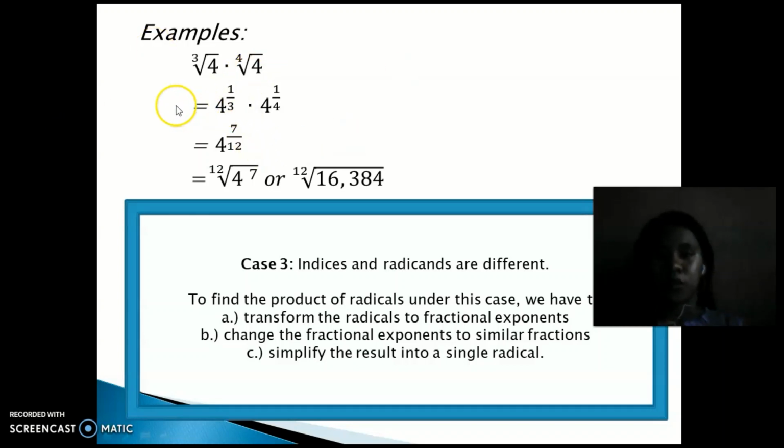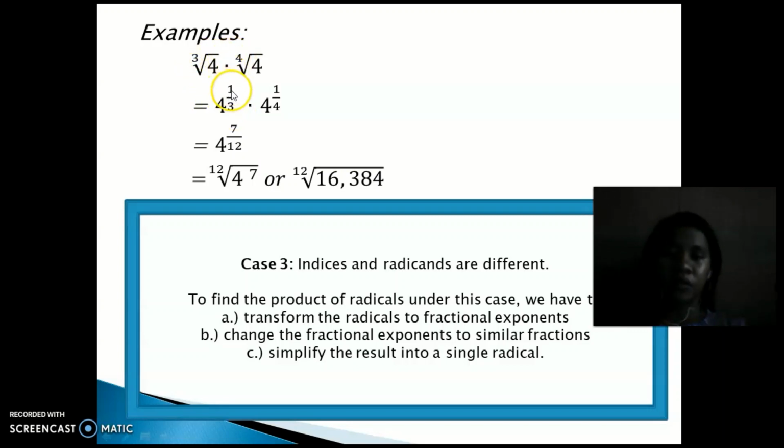So we have 4 raised to the power of 1 over 3. This is our fractional exponent. As you can see, where did we get the number 1? Inside the 4, we have an imaginary 1, so that's why we get 1 over 3. Our denominator is our index, and we have an imaginary 1 as our numerator.